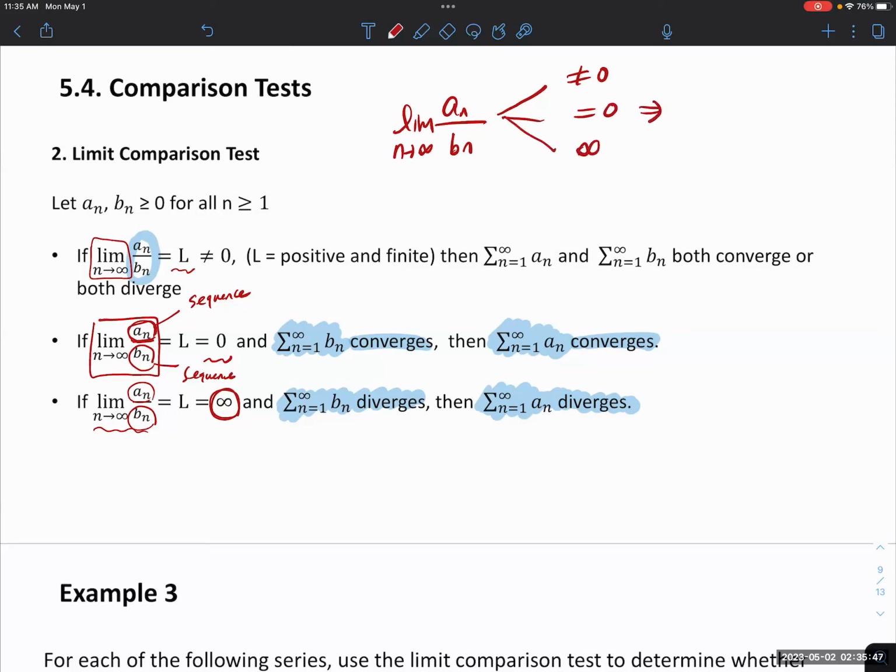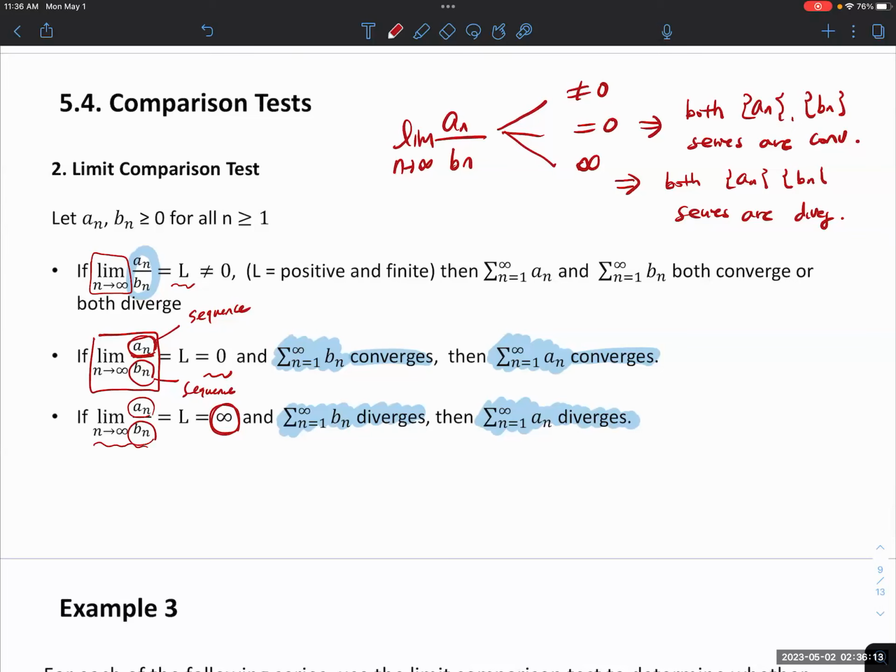If this one is equal to 0, that means both an and bn series converge. If infinity, both an and bn series diverge. So we're going to convince you of that idea.